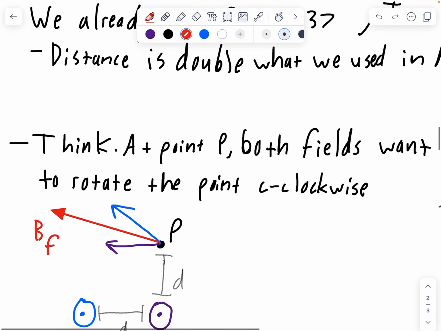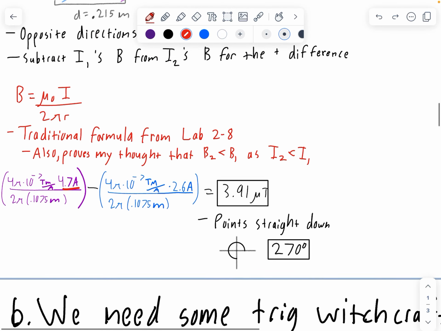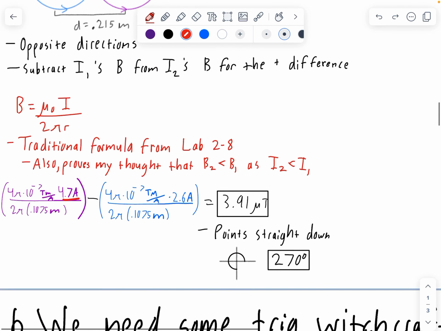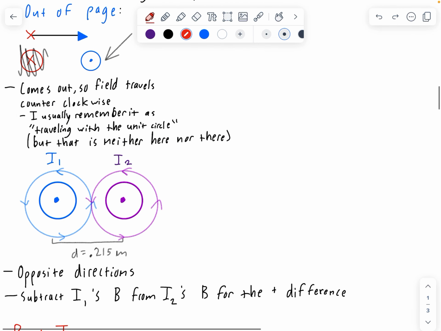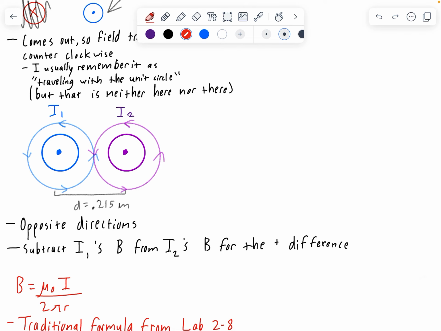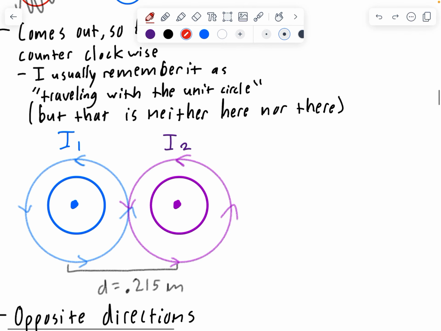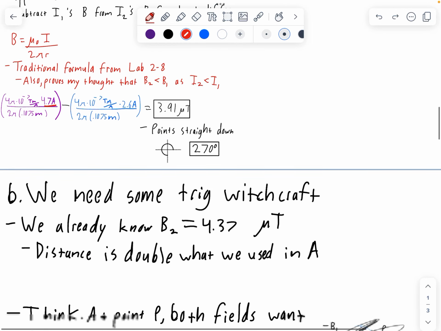Okay, part A was pretty easy. You don't even have to use the right hand rule because they give you what direction it is, and just from lab notes, which way the current travels. The magnetic field travels, sorry.